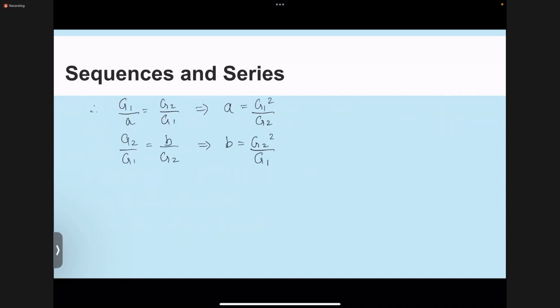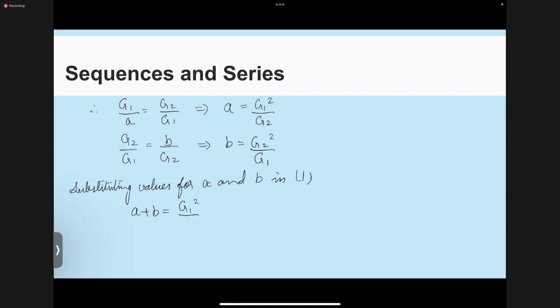So substituting values for A and B in 1, you get A plus B is equal to G1 squared by G2 plus G2 squared by G1, which is equal to 2A.